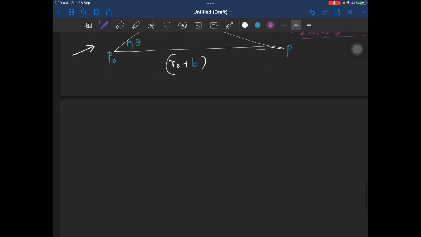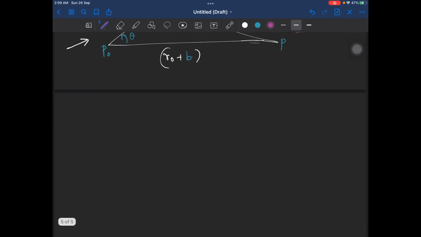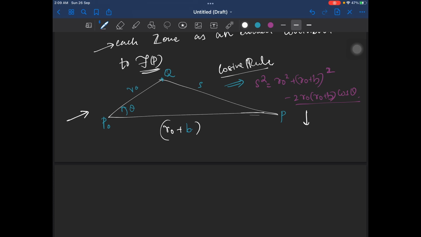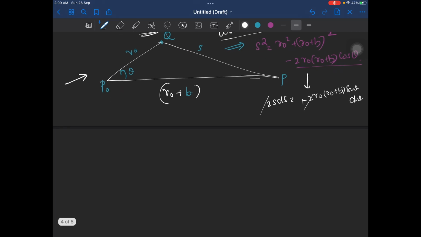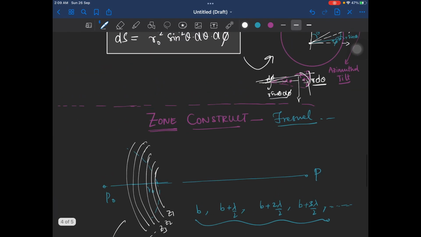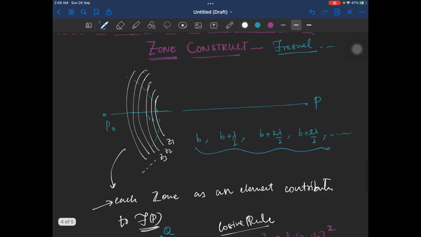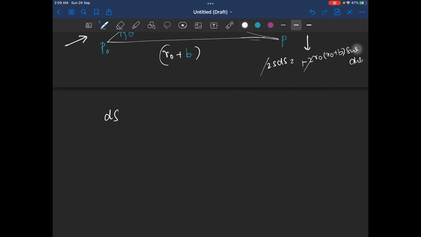Which yields 2s ds is equal to r naught plus b sin theta d theta. Okay, now we shall put that in this to yield ds.